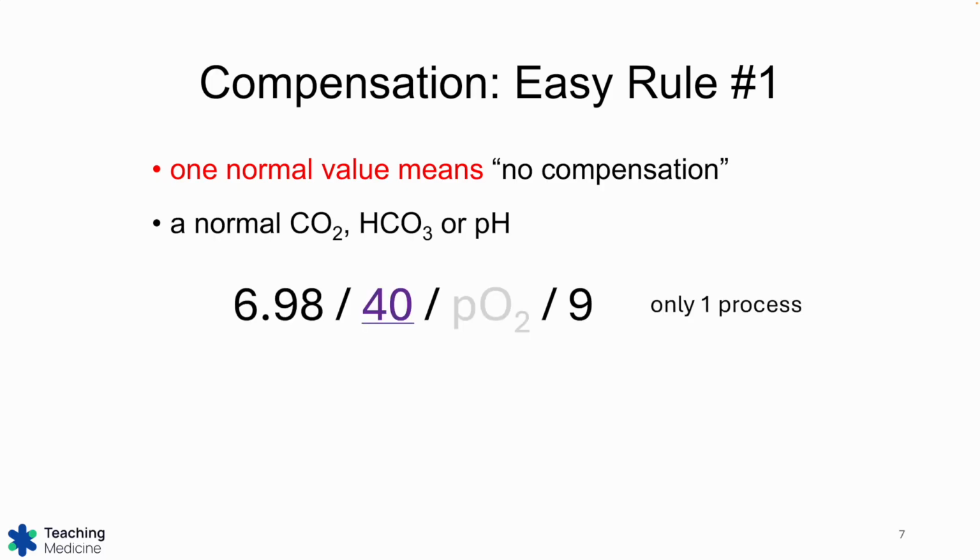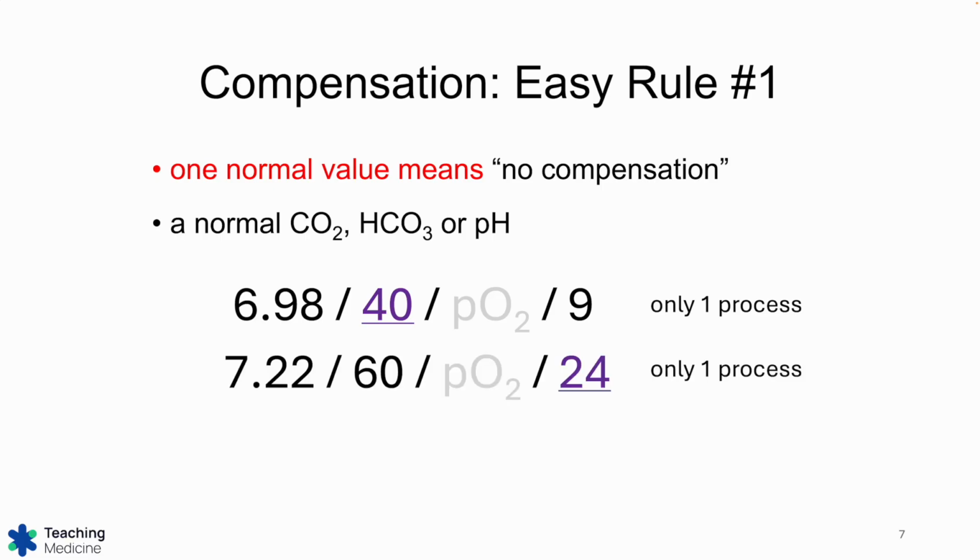As an example, pH is 6.98, a PCO2 of 40, and a bicarb of 9, we've only got one process here. There's nothing happening with the PCO2. It's just a nothing burger, not doing anything, so there's no compensation. In this example, the bicarb is normal, so there's no compensation with the bicarb.